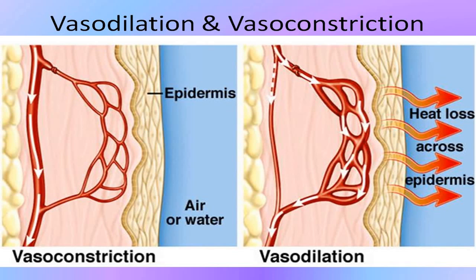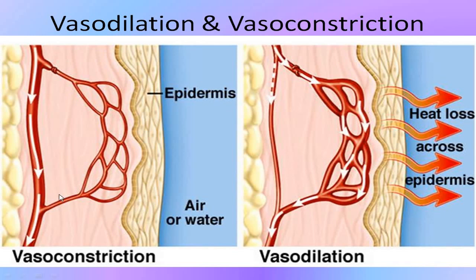In this figure you can see that due to this vasodilation, the heat which is produced due to metabolic activities inside the body is lost to the outer environment, to bring the temperature of the body back to normal.